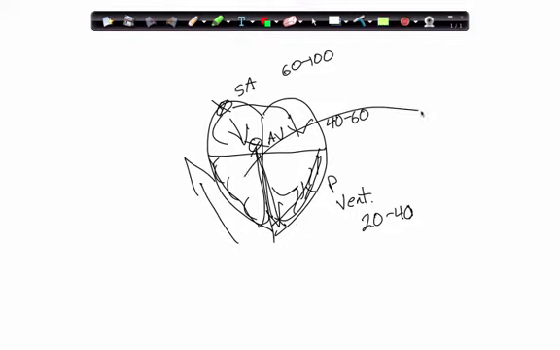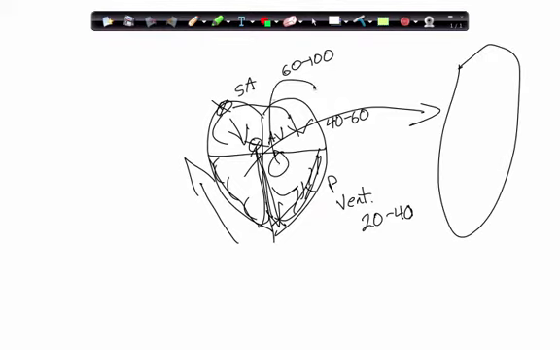Now, either this goes into the lungs to get perfused with oxygen, or it goes out to the body through the aorta to perfuse the body. That all happens 60 to 100 times a minute in the normal setting.